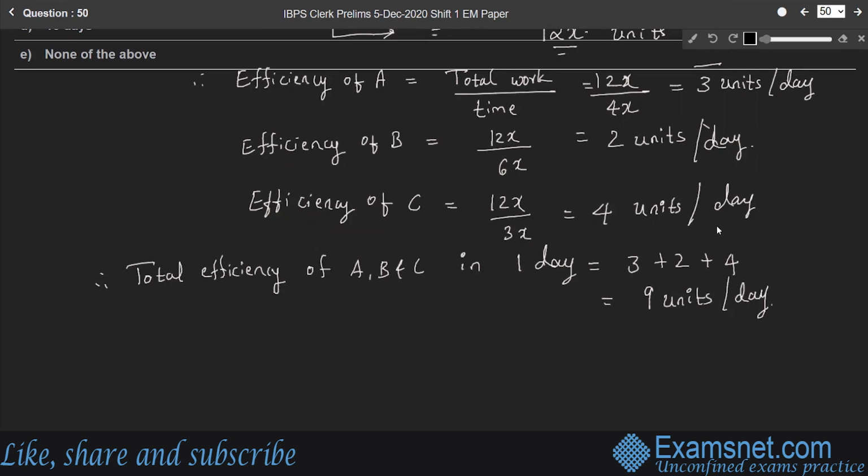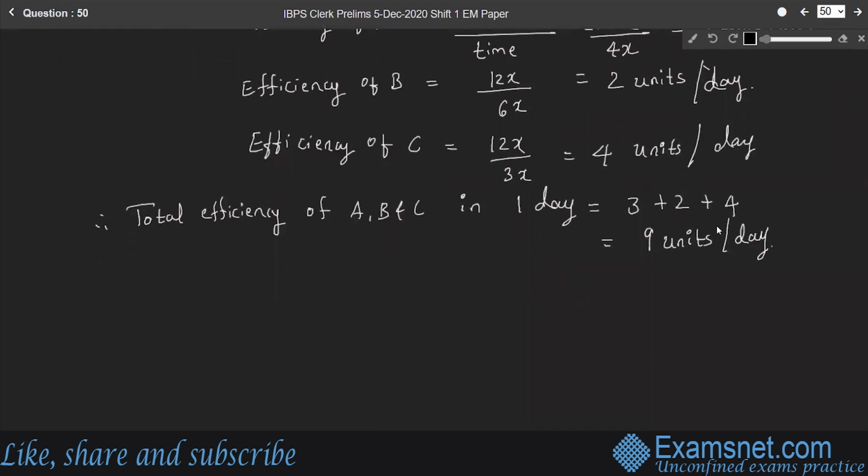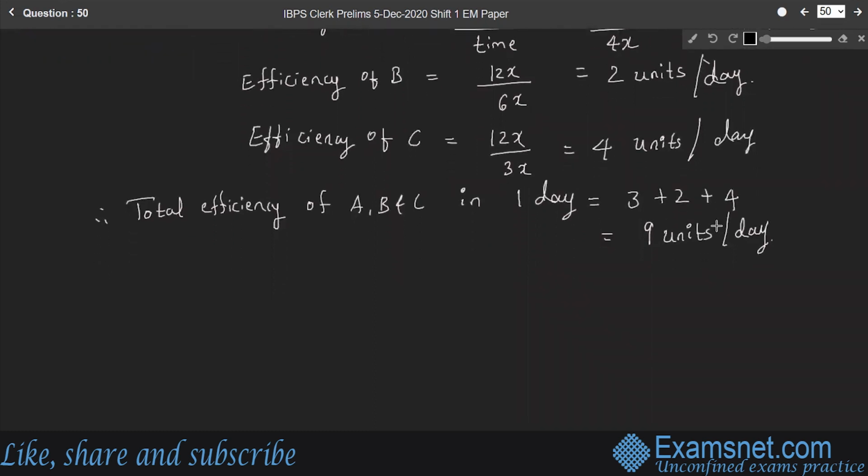So what is the actual work here? Actual work is total efficiency into time taken. So actual work is equal to total efficiency into time taken, number of days.